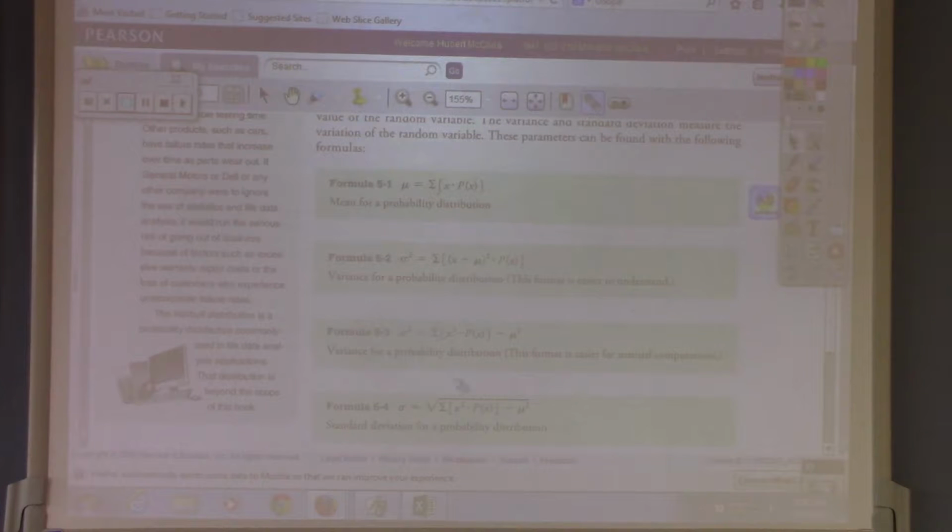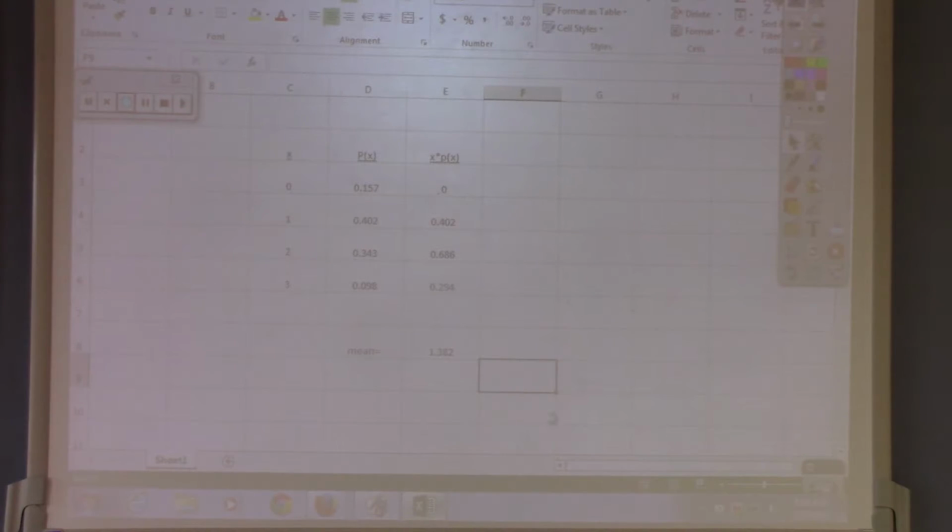X squared. So that means we got to make a column called what? X squared. Nothing gets right, y'all. Nothing. I'll do the first one for you. There you go.